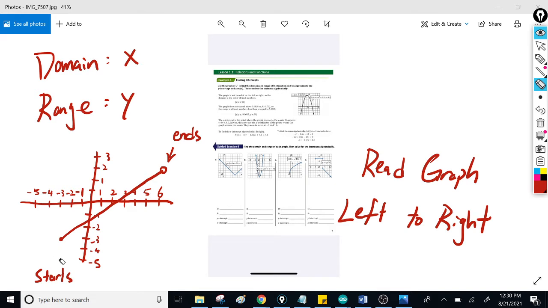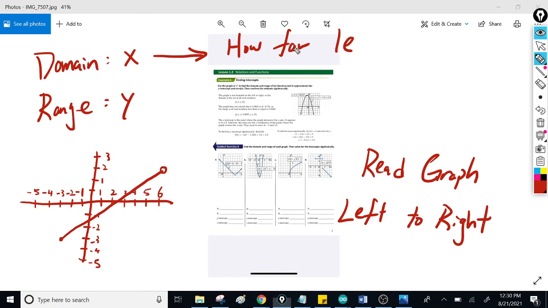So when we talk about domain and range, domain is all your x values. So all your x values means you have to check how far left and right your graph goes. How far left and how far right does it go?